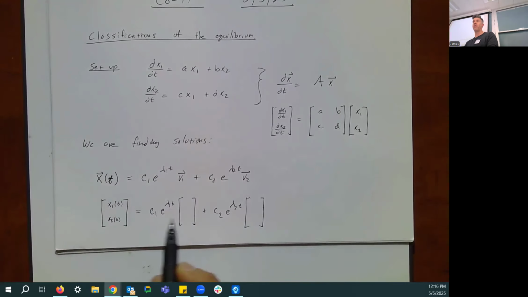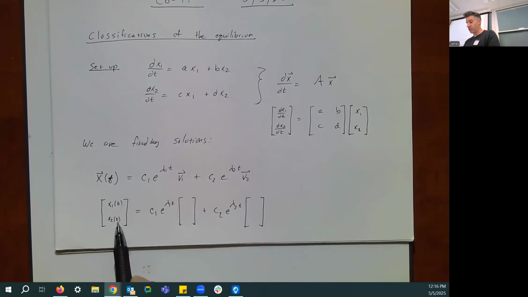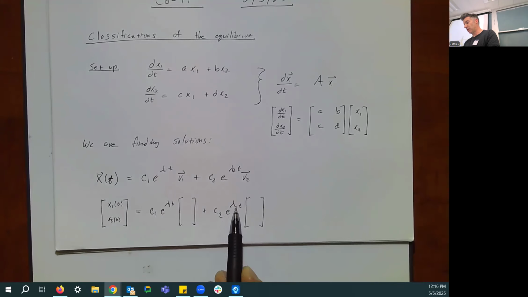So your first row of equations is x1 equal to c1 e to the lambda 1 t times whatever that first entry is, plus c2 e to the lambda 2 t times whatever that first entry is. Similarly, for the second equation for x2, it's c1 e to the lambda 1 t times whatever is there, plus c2 e to the lambda 2 t times whatever is there.